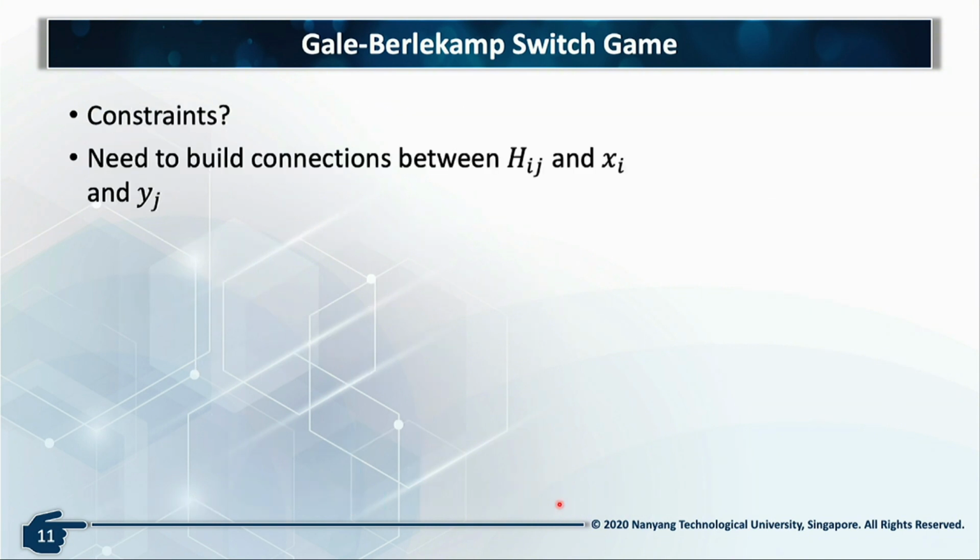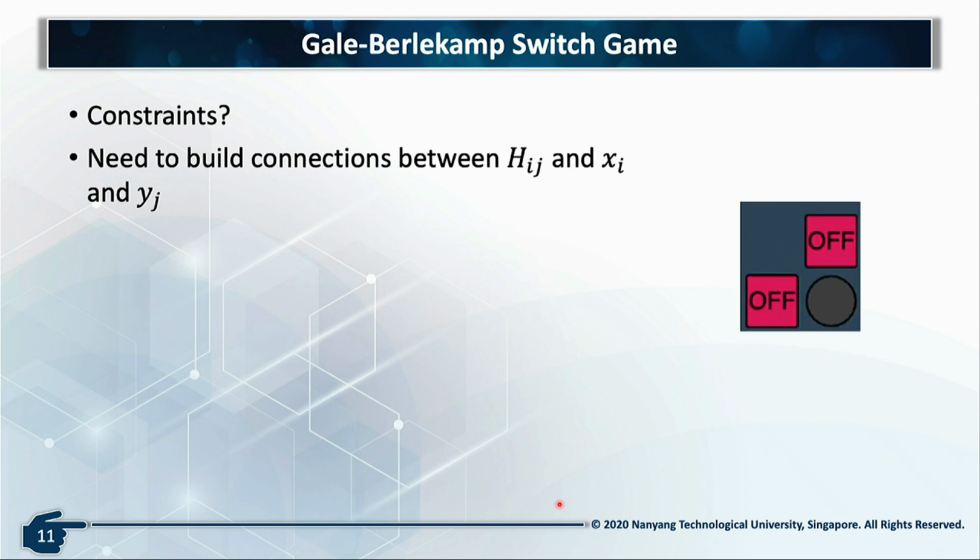So then we need to explicitly impose such an inference in the constraints to clearly state how those Hij is affected by our decision xi and yj. This comes to the constraint of this optimization model.